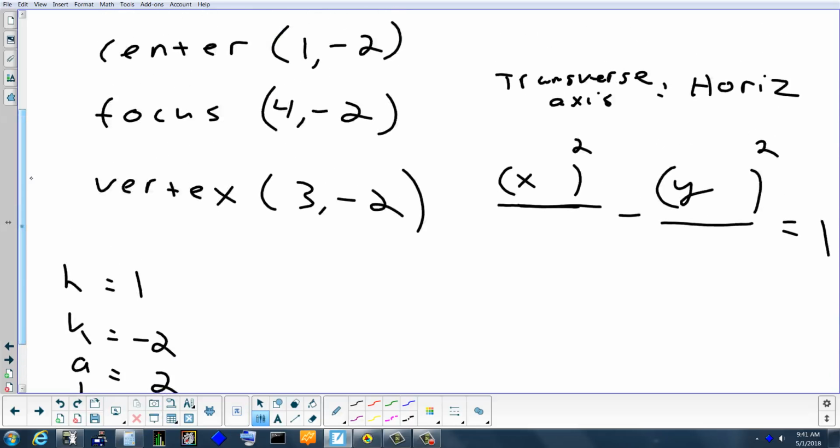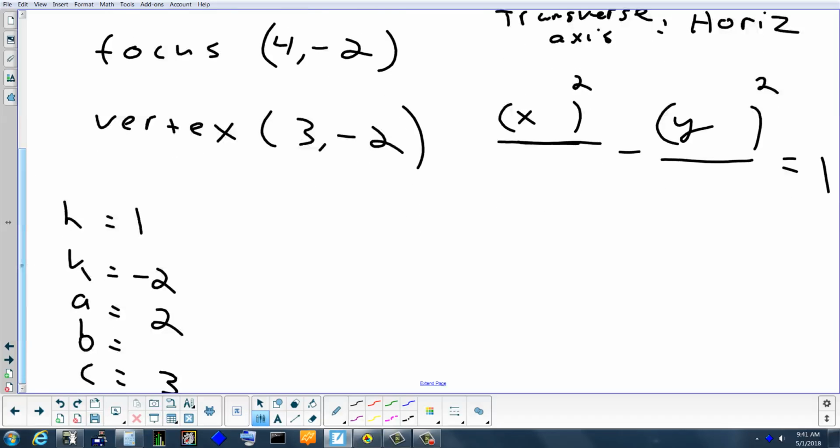Let me try something different. How about the center to focus? 3. All right. So now the only thing I need is B. So C squared equals A squared plus B squared. It seems like 5 keeps coming up all the time today, but that's just the way it is. Okay. So we got B is the square root of 5.